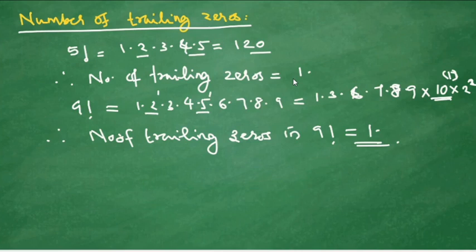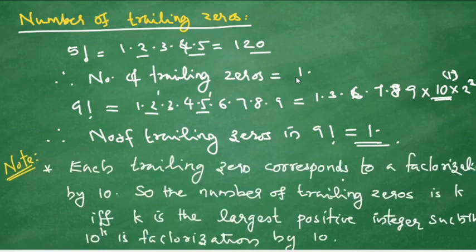Using the fundamental theorem of arithmetic and the floor function, we can find an algorithm for finding the number of trailing zeros. So in this lecture we are discussing that. Each trailing zero corresponds to a factorization by 10.